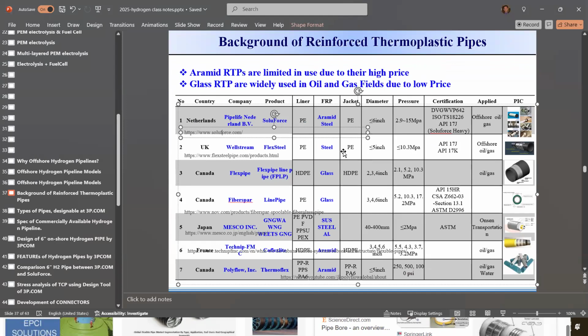That's why they are using steel wires as well. Steel is not just solid steel, these are steel wires and glass, and a lot of different countries have their own companies with different technologies.